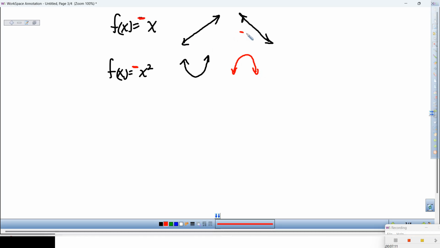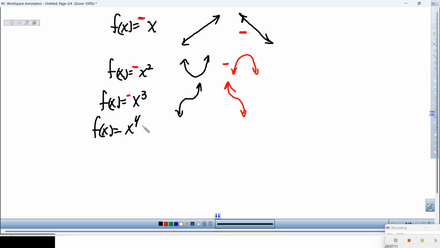And just so that you know, some of you on the final, you forgot about these negatives in front of the function. That's why you got some of those problems incorrect. I'm going to be posting grades probably this afternoon. X cubed looks like this. However, if we put a little negative in front of it, it flips. Is that correct? Downward. F of x equals x to the fourth. Same thing. Negative.